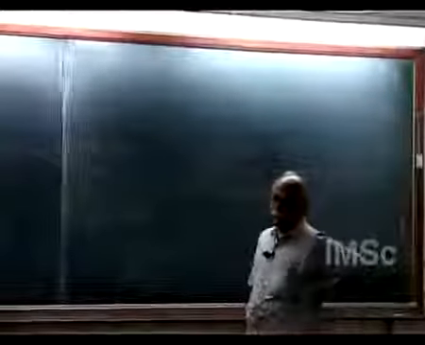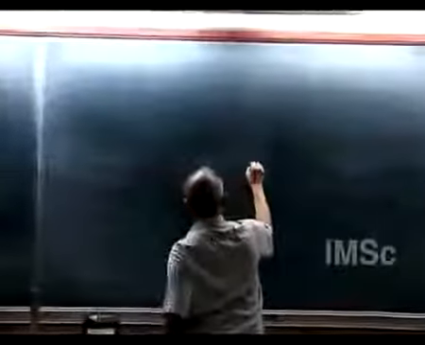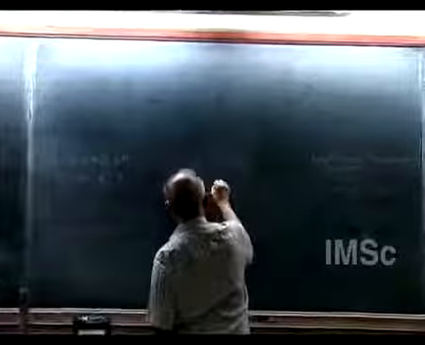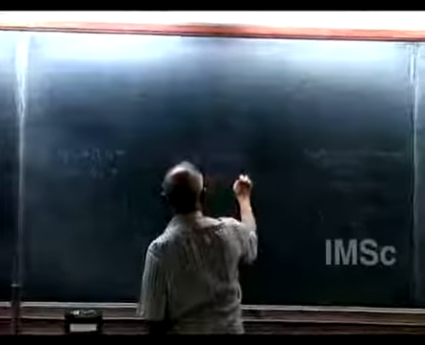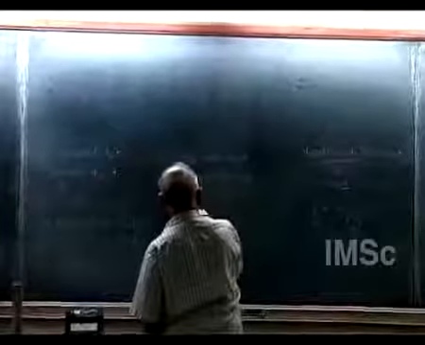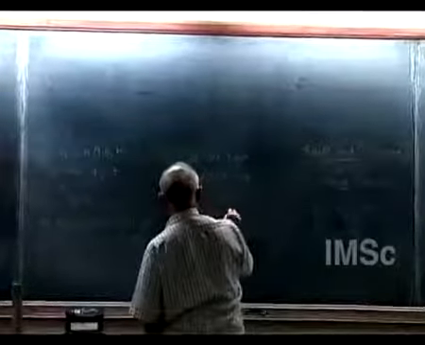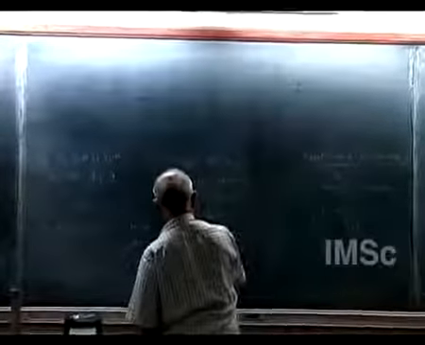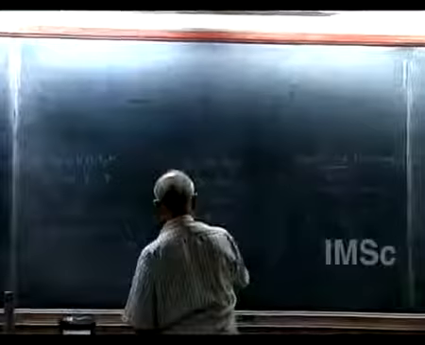So what I have got here is a partitioning of the group G into disjoint cosets, left cosets GH.